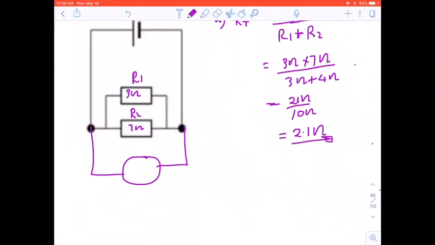So here you see that your total resistance is 2.1 ohms. Compare it with the other one, with 3 and 7 ohms in series, where your total resistance was 10 ohms.